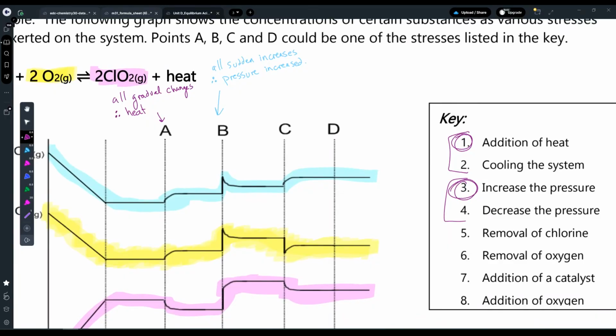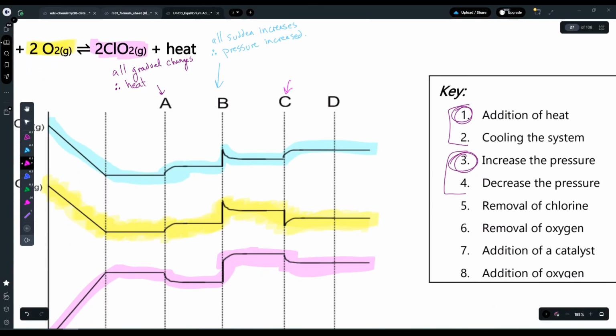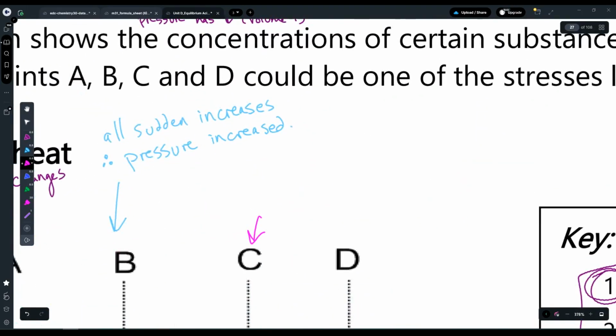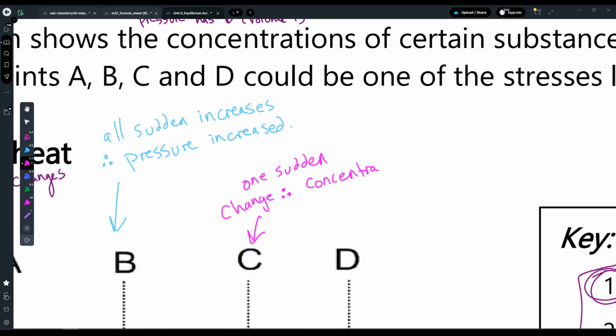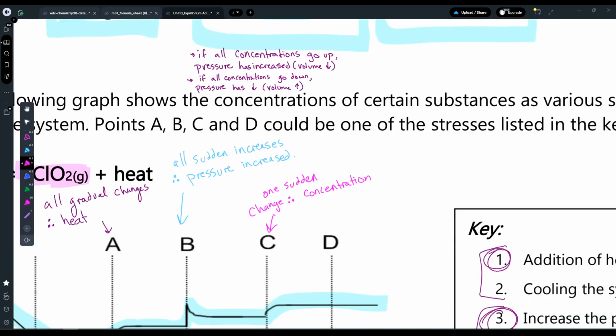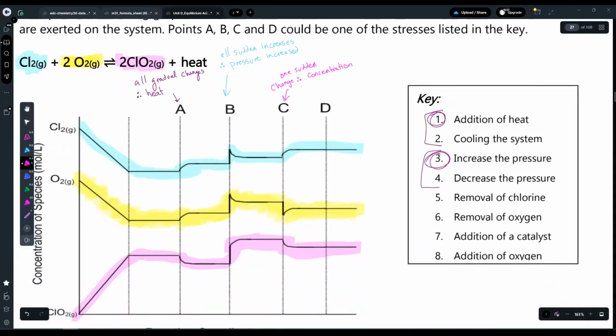Okay, so point C, looks like we've got one sharp decrease and the other 2 are gradual, so that means that the scientists changed the concentration of oxygen here. So one sudden change, therefore our stress is going to be concentration.